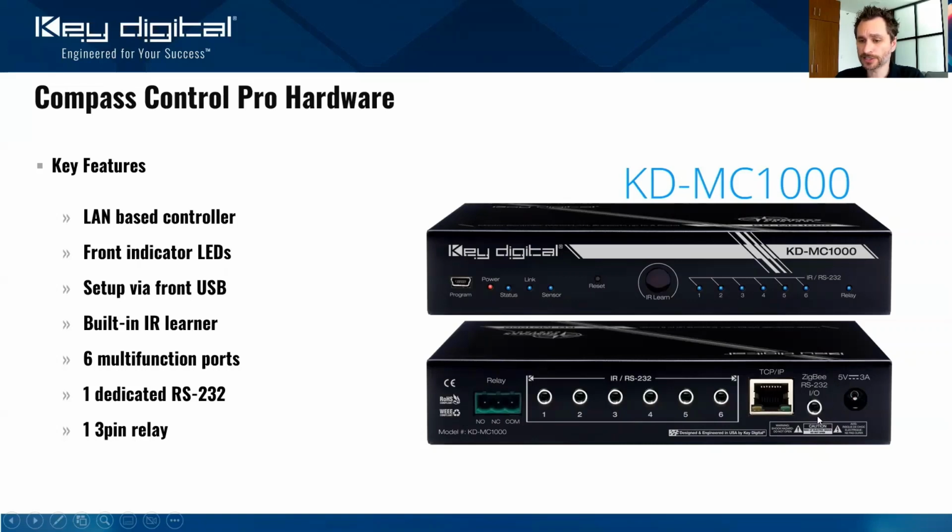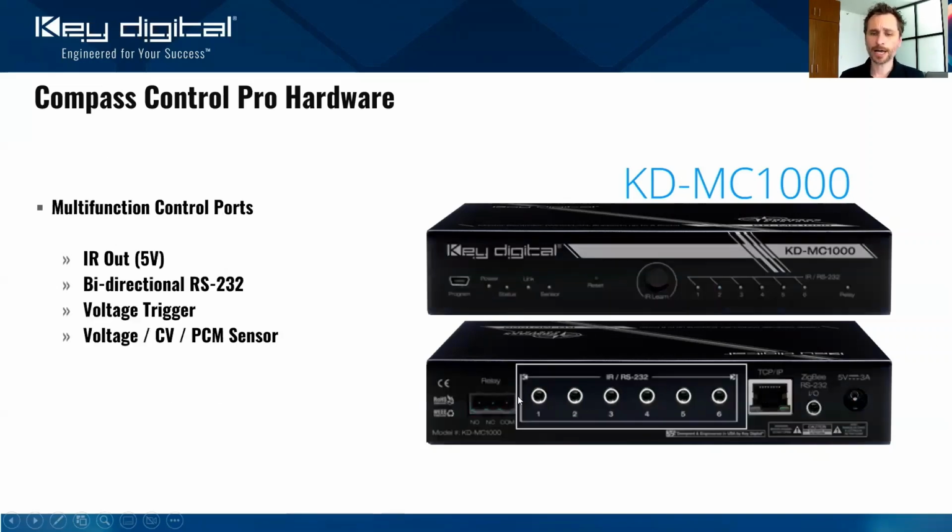One port here is a dedicated RS-232 port, and there's a 3-pin relay if you need to control, like, a screen with normally open or normally closed positioning. But those 6 I/O ports are very important. They're very flexible. They can be set as IR output, as bidirectional RS-232.